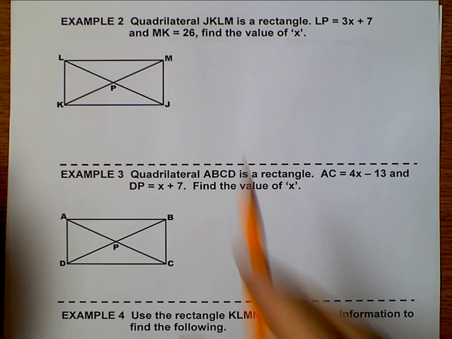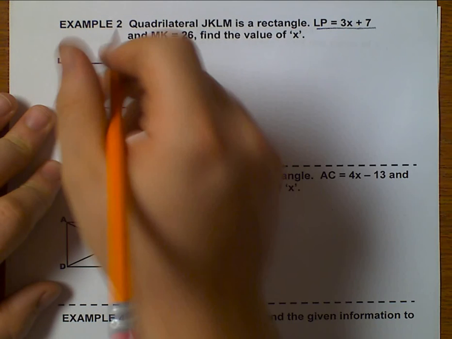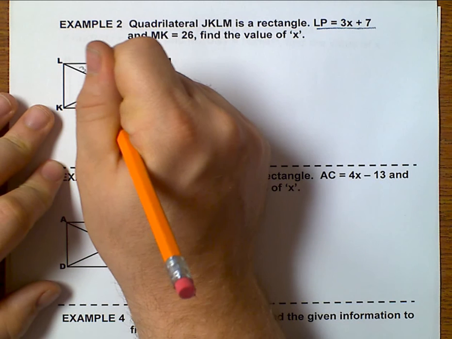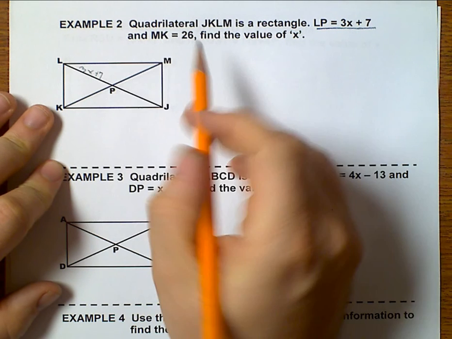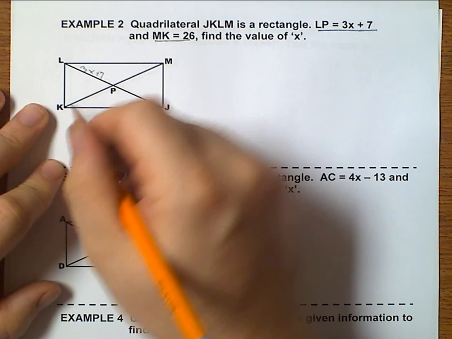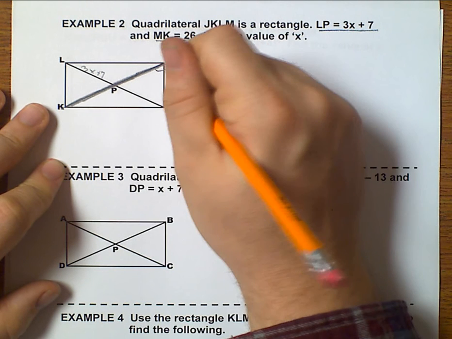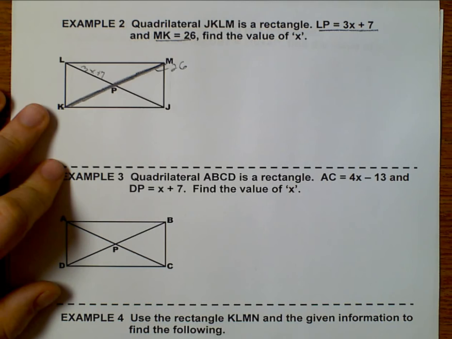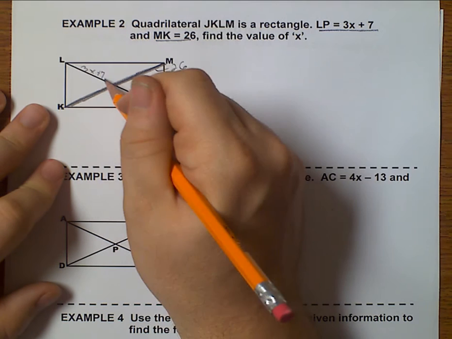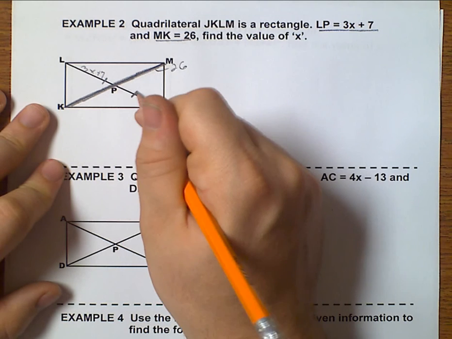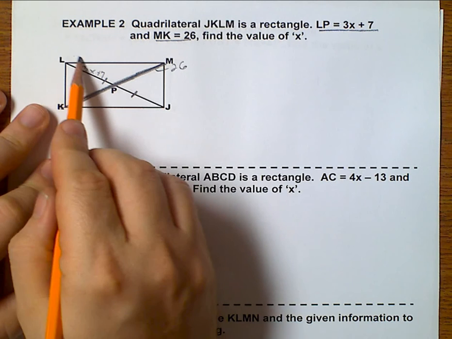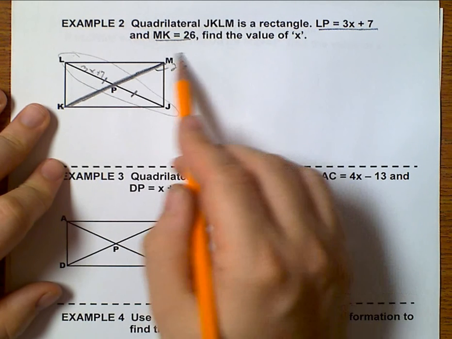Well, this says that LP is 3x plus 7, and MK is 26. Well, this piece is congruent to this piece, and this diagonal is congruent to that diagonal.